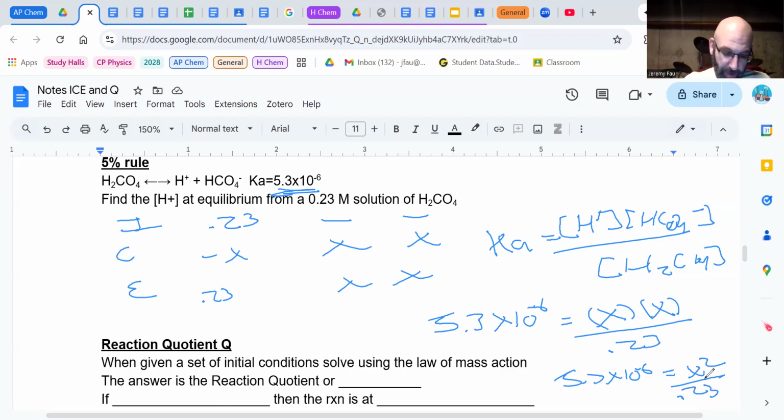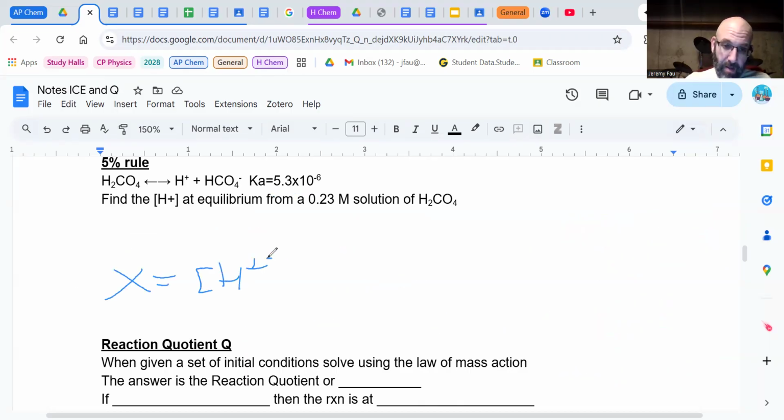Multiply both sides by 0.23. X, which is also the concentration of H plus, is 0.0011.